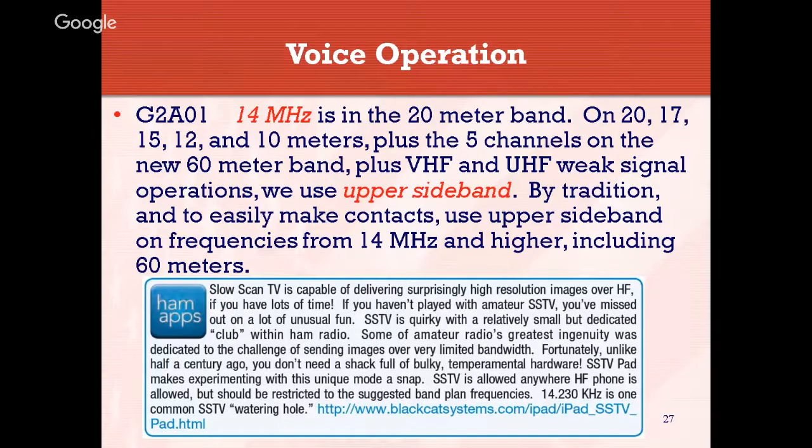As a matter of fact, you're broadcasting it on the sideband signal. So if you're on 14.230, it says kilohertz. That should be 14.230 megahertz, I think, is one common slow scan TV watering hole. They just send pictures back and forth. I don't even know why that's there.